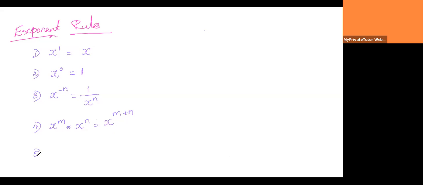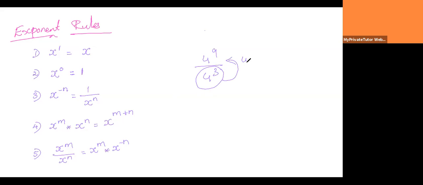What about the fifth one? Similarly, if we have a division, x power m divided by x power n. For example, 4 power 9 divided by 4 power 3. What do we do here? If you want to move this denominator to the numerator, what will happen? X power m times x power minus n.